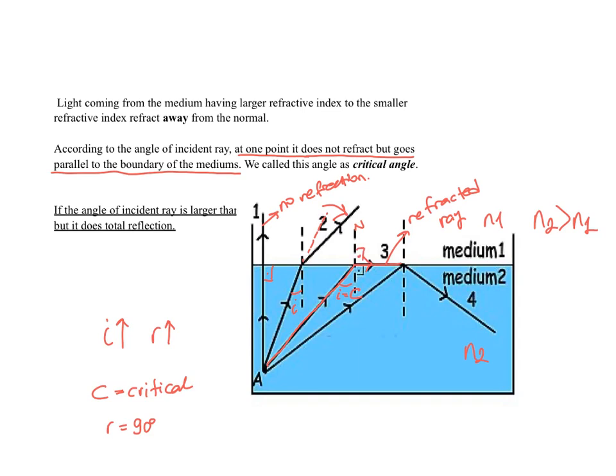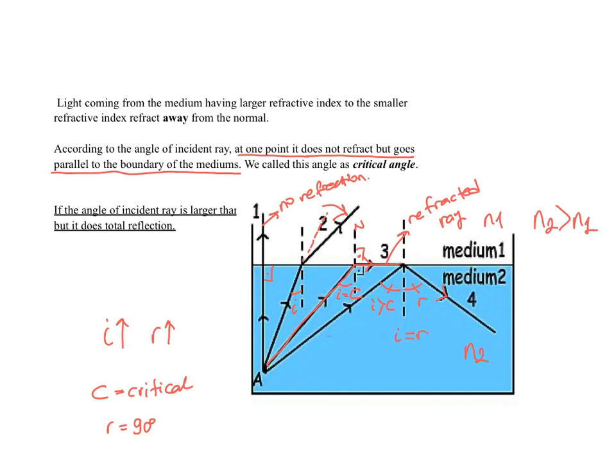If you still increase the angle, so this angle is bigger than the critical angle, then you see that the ray doesn't go through the medium 1, it is reflected back into its original medium, so this angle should be equal to this angle.